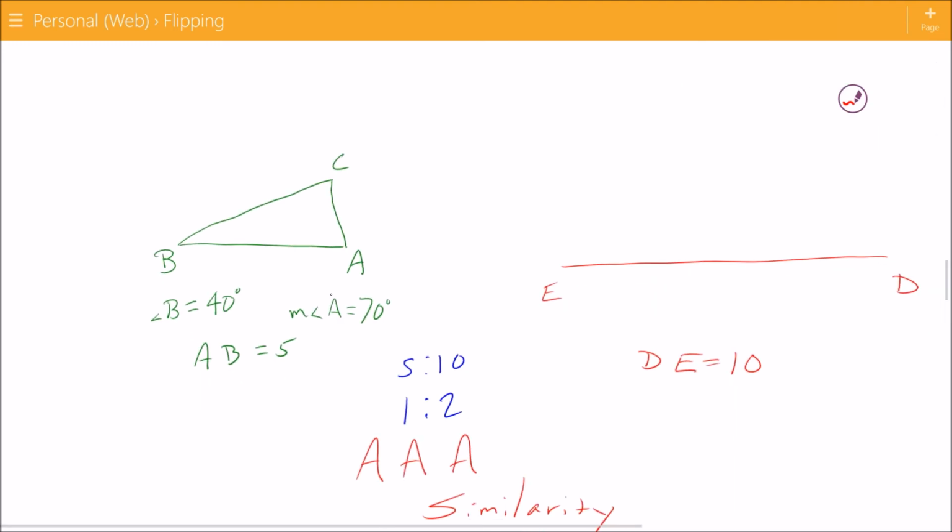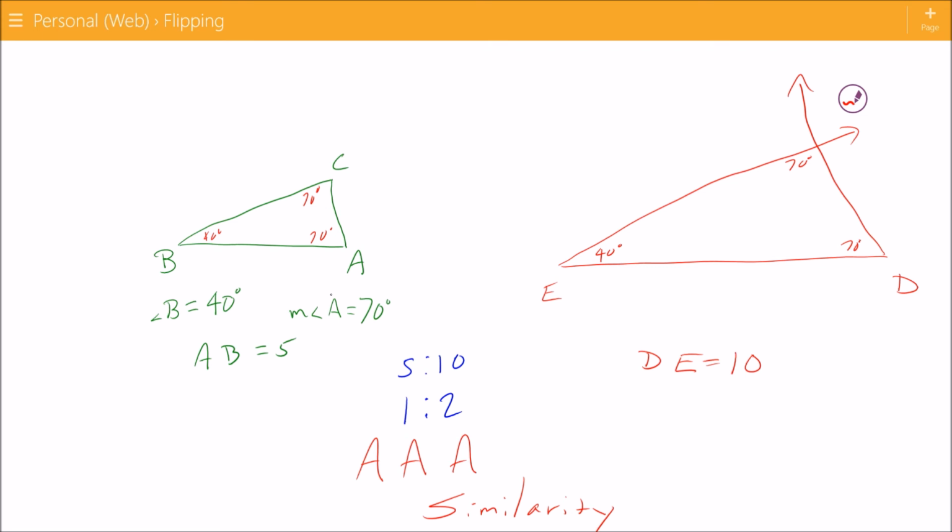So same process. There's another 40-degree angle goes off. There's another 70-degree angle goes off. And if this is 40 and 70, this angle still is 70 degrees. That means this angle also has got to be 70 degrees.